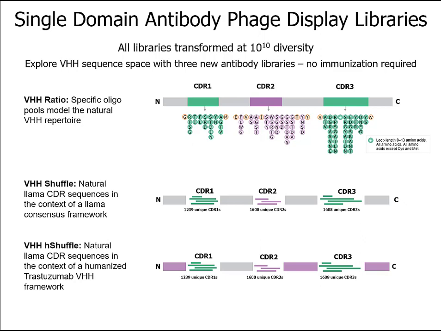For the VHH shuffle library, we just took the natural llama CDR sequences derived from those VHH antibodies and then just shuffled them in different combinations in the same llama consensus framework. And then in the third library, we did the same thing, but instead of using a llama consensus framework, we used a fully humanized VHH framework. And for all of these libraries, we transformed them at the level of 10 billion different sequences.